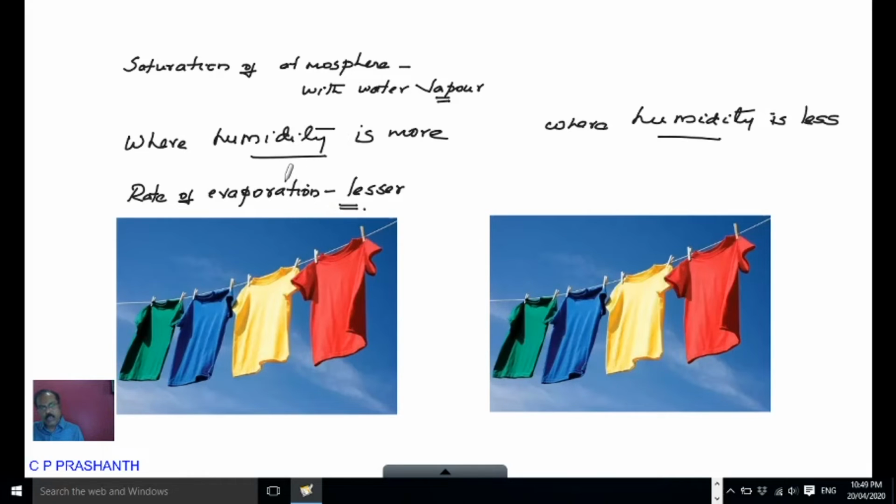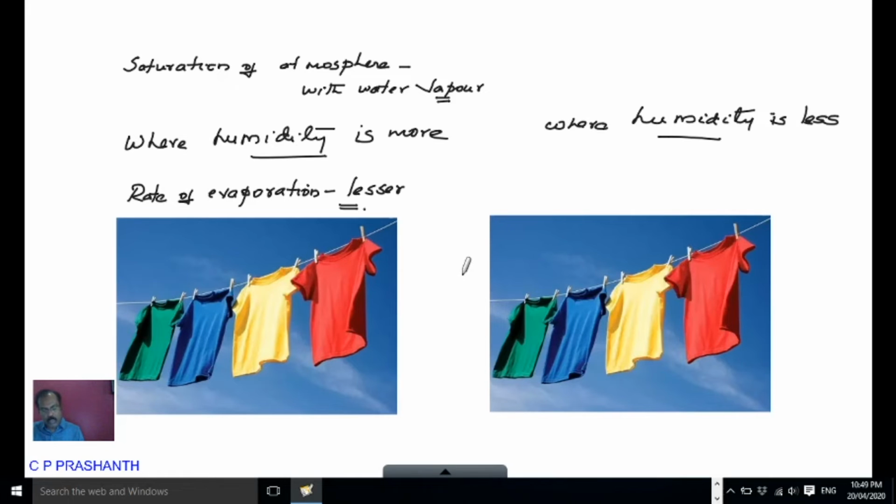Hope you followed this. More the water vapor in the atmosphere, less the evaporation, because humidity is the water vapor holding capacity. More the water vapor in the atmosphere, it cannot contain more vapors, so evaporation will be lesser.